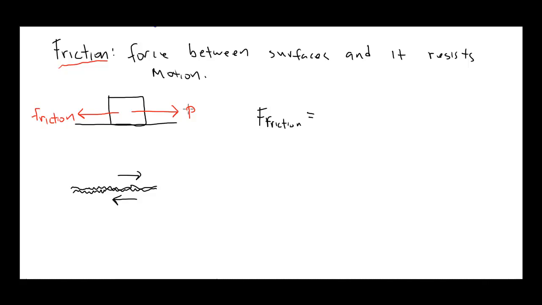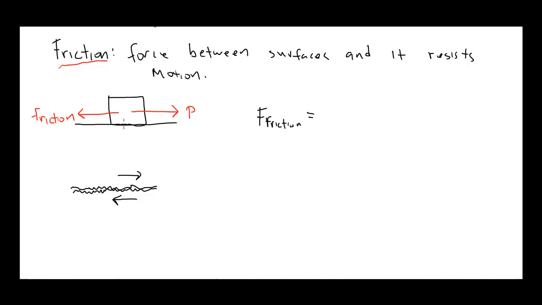There's only 2 things that matter. The first thing that matters is how bumpy, how rough these surfaces are. If this is a really smooth block and a really smooth table, the friction is going to be relatively minimal. Imagine this is ice on ice. That's going to be very little bumping and grinding between those surfaces.